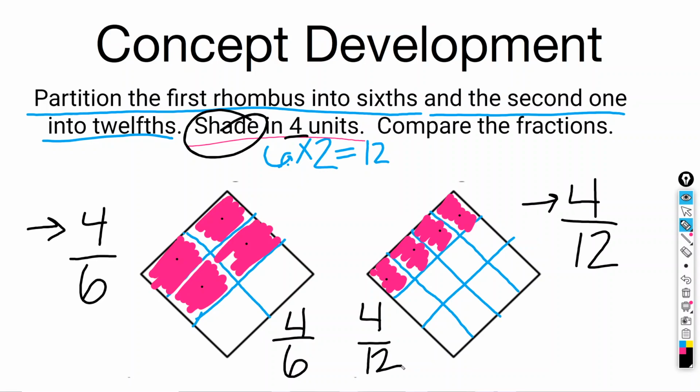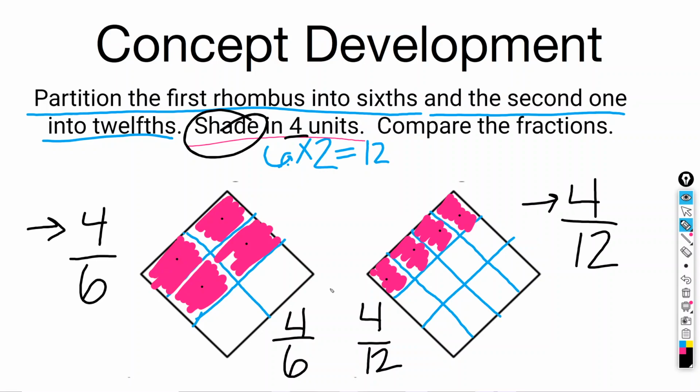Well, when we have numerators that are the same, we need to look at the bottom number. And when the bottom number is smaller, the pieces end up being bigger. So we know that that's going to cover more space. So because this number is smaller, these pieces over here were bigger.